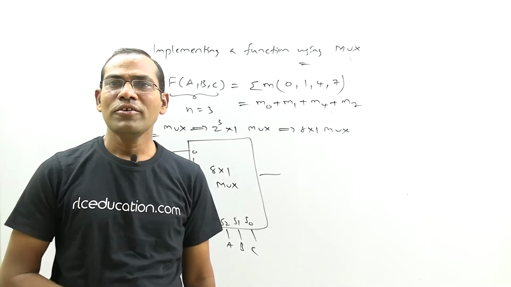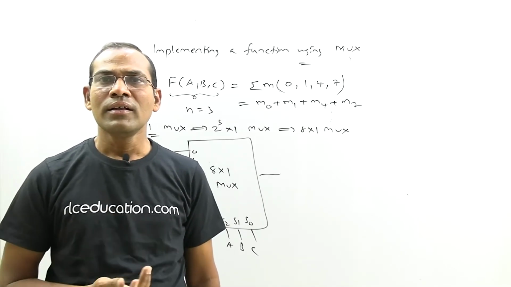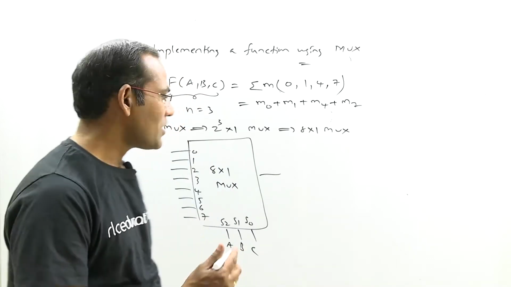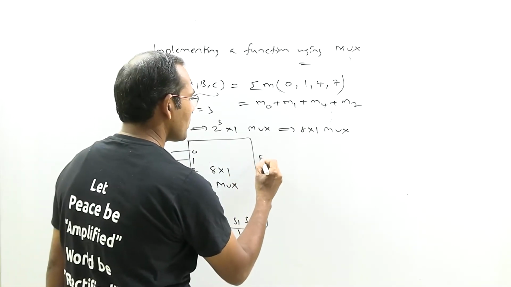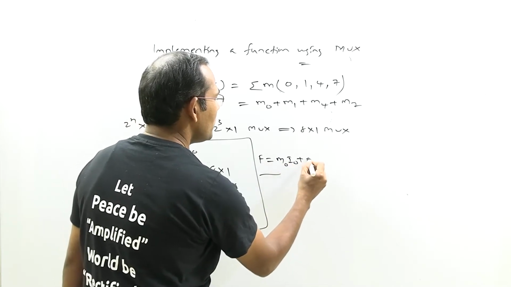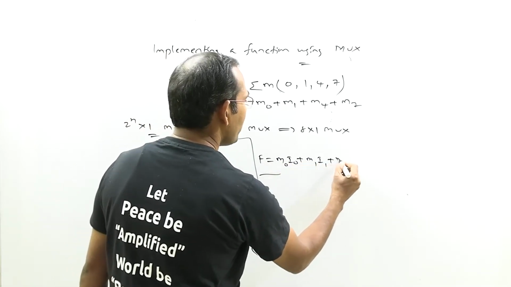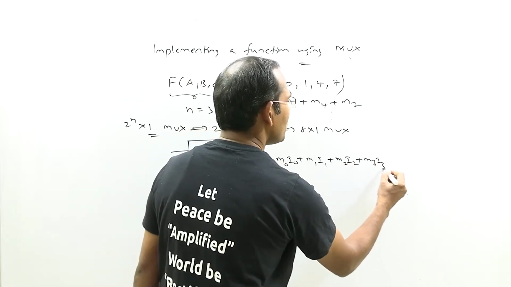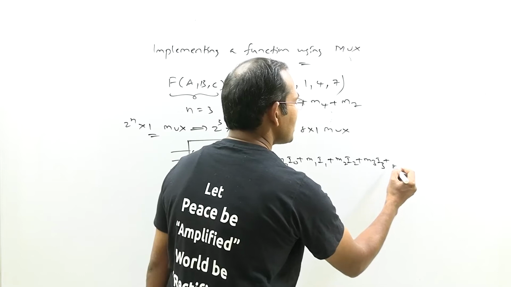And some time back we have seen the mux output expression. Always the mux output is like this. Minterm 0 into input 0, minterm 1 into input 1, minterm 2 into input 2, minterm 3 into input 3, like this.